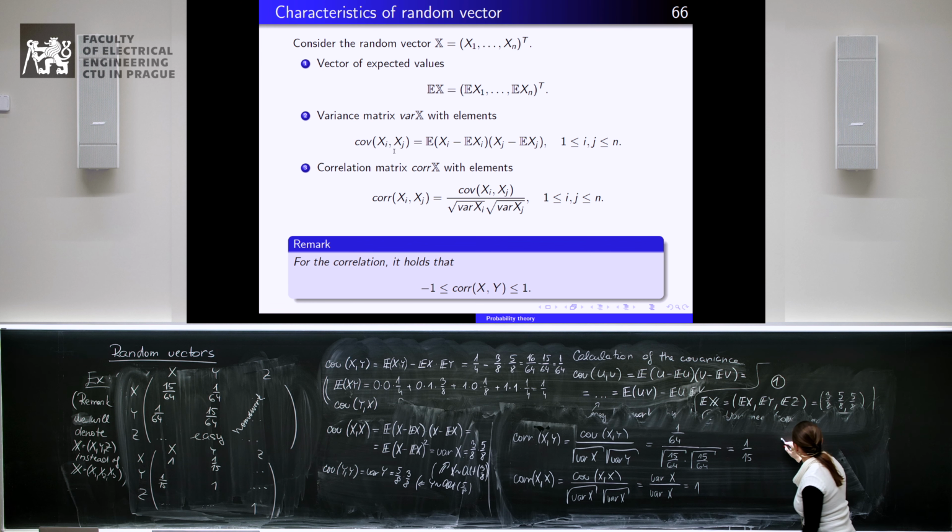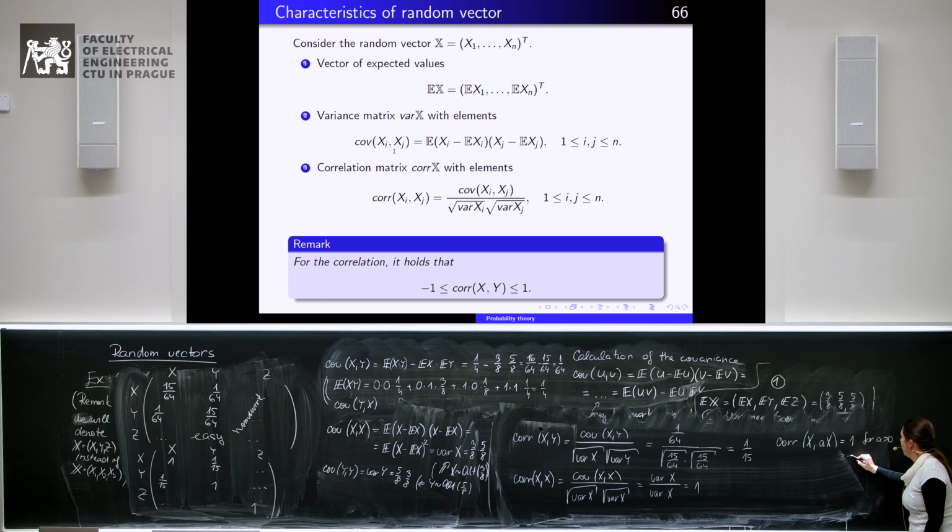So you can calculate that when we have a correlation of x and a times x, it is also equal to 1, but only for positive a. If a is negative, then the correlation of x and ax is equal to -1.